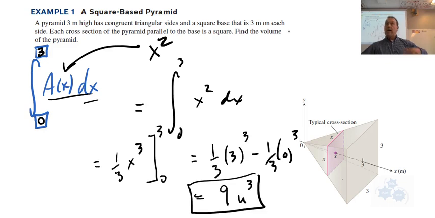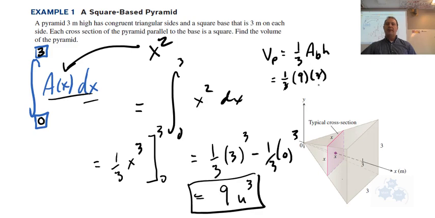Now, let's go back and remember our volume of a pyramid. That was 1/3 the area of the base times the height. Do you remember that from grade 10? The area of the base is 3 times 3 and the height is 3. So that is 1/3 times 9 times 3, and we should have 9 this way as well, units cubed.